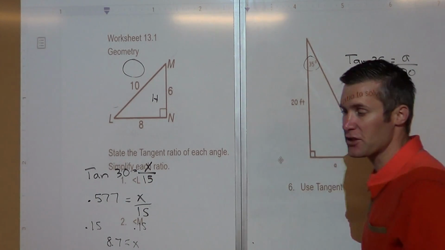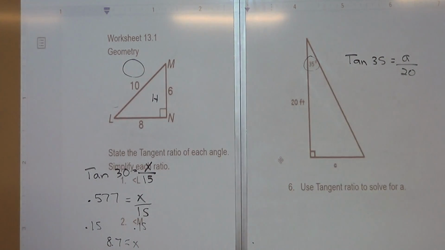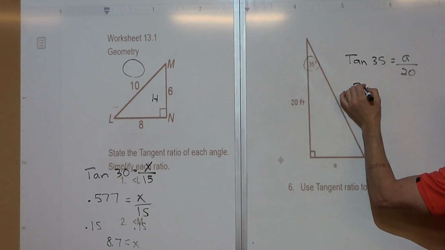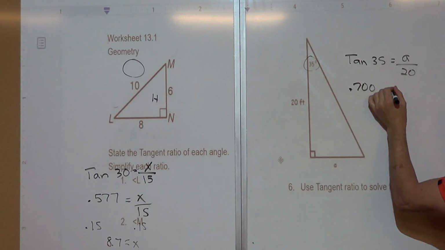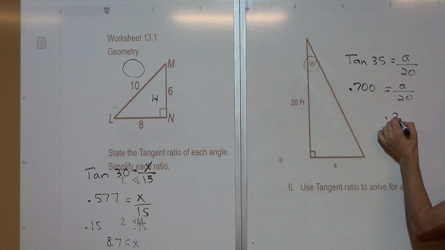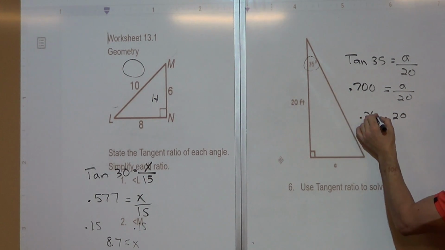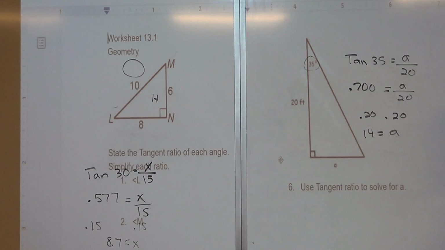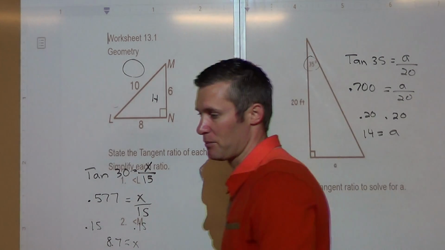Again, type in tangent 35 into your calculator. When you do that, it's about 0.7. It's 0.7001. A over 20. How do I get rid of 20? I have to multiply by 20. Times this by 20. And so you should get about 14 equals A. It's like 14.001, I believe.